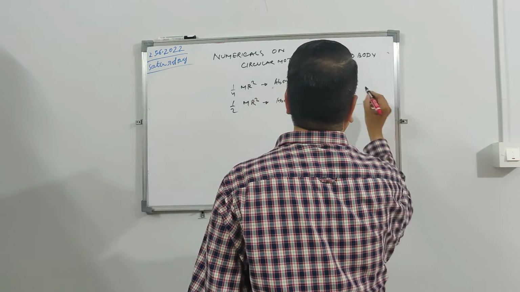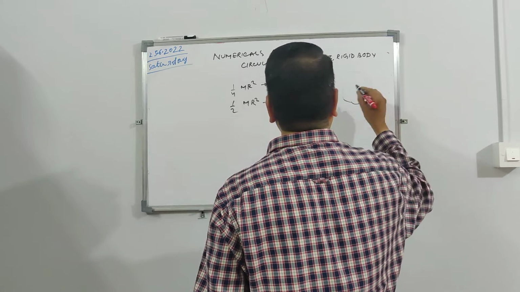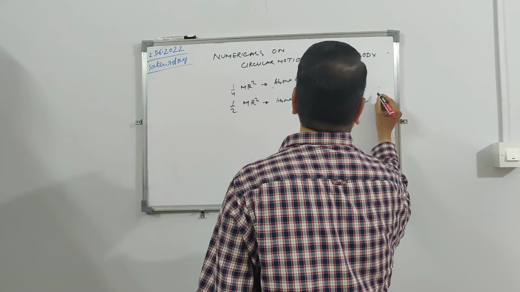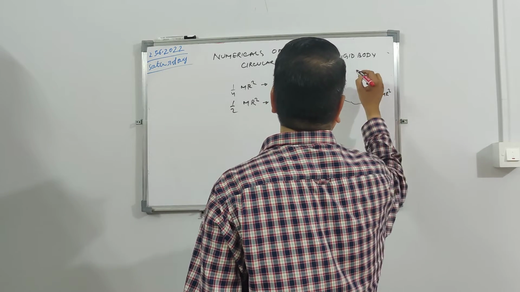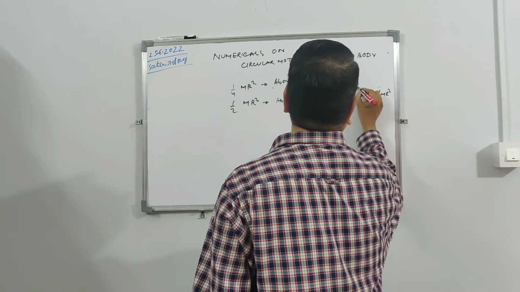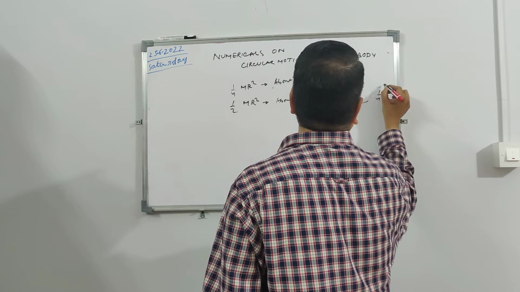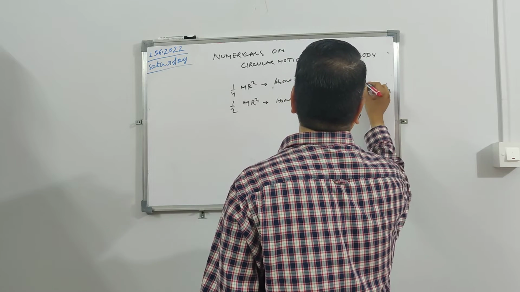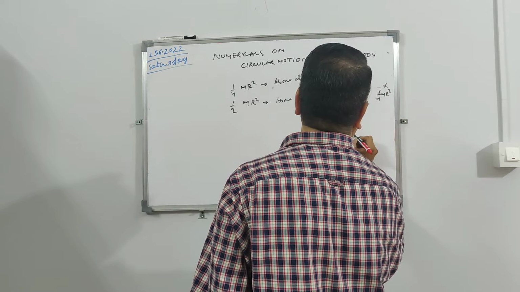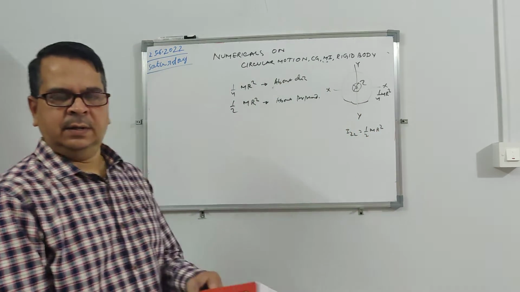So this is your ring, and about the diameter it is 1 by 4 mr square. Let us say this is x, this is y, and this is z. About the z axis, it is half mr square.